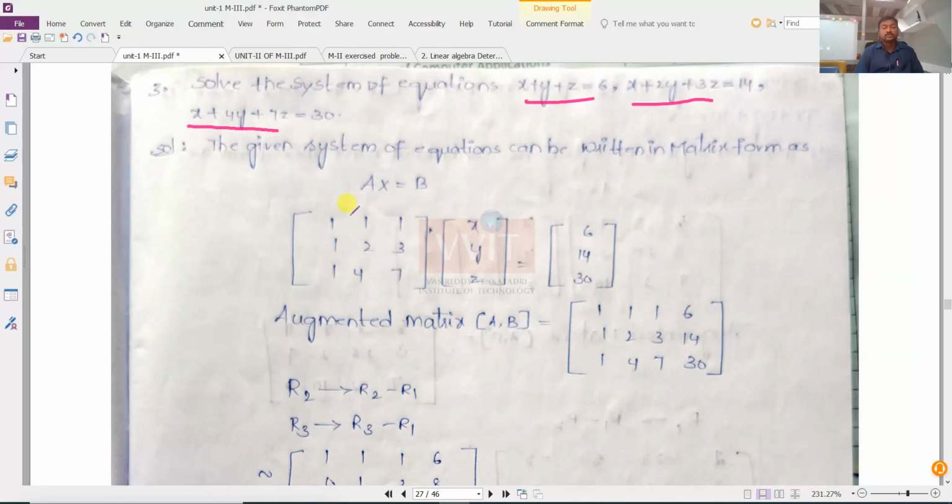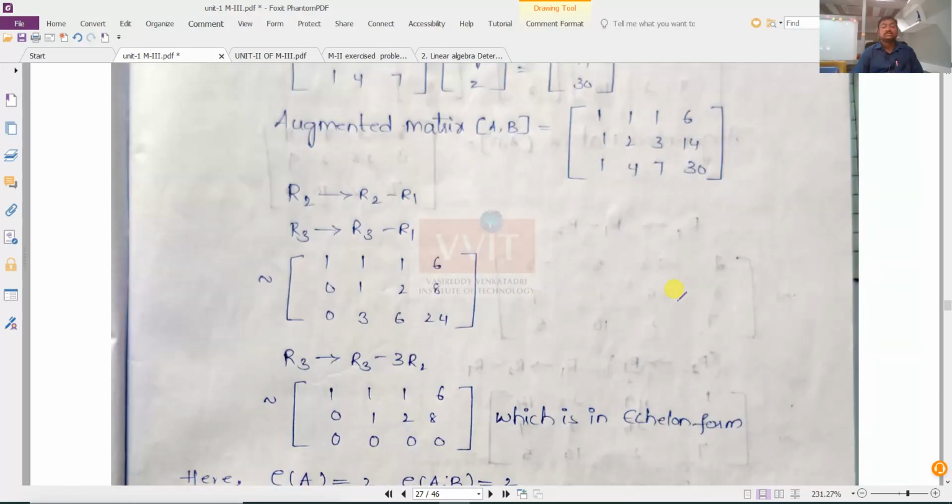Now expressing that as a coefficient matrix, a variable matrix and a constant matrix, then from that augmented matrix, if you find the solution, R2' = R2 - R1, R3' = R3 - R1, then in the first case up to this we get 1 1 1 6, 0 1 2 8, 0 3 6 24.